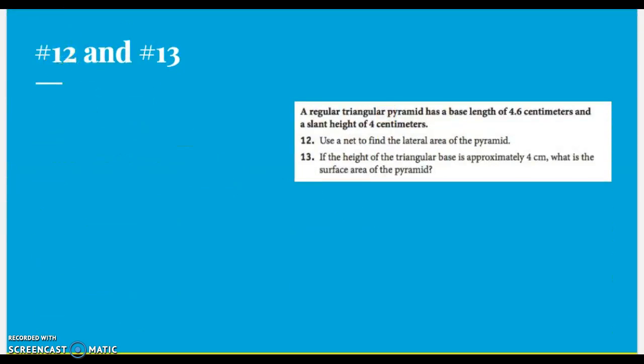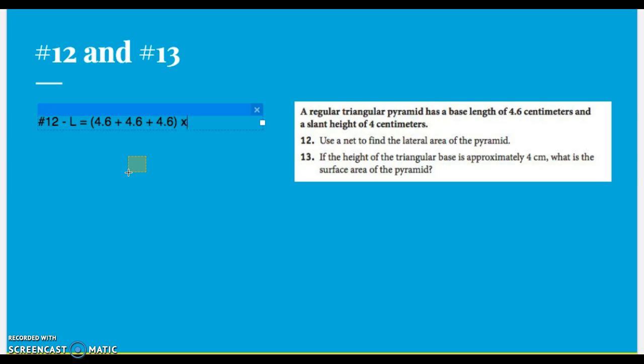All right, so let's do number 12. We're going to find the lateral area. So our perimeter will be 4.6 plus 4.6 plus 4.6. Because it's a triangle, you only have to add it 3 times.